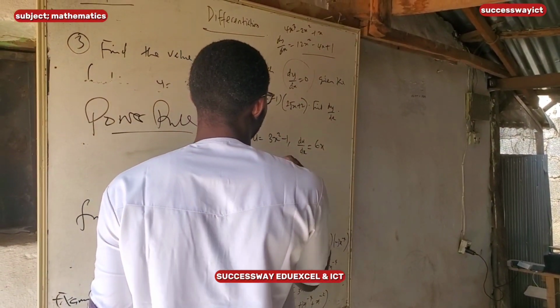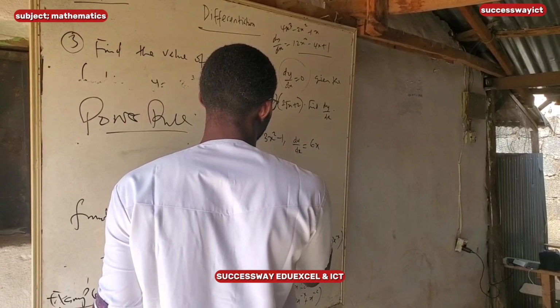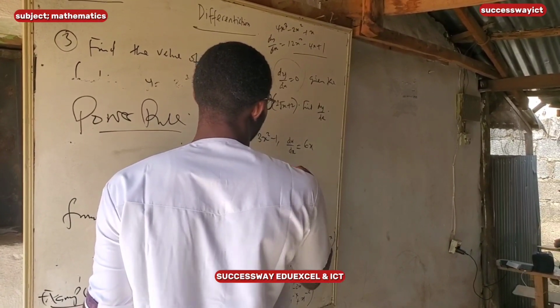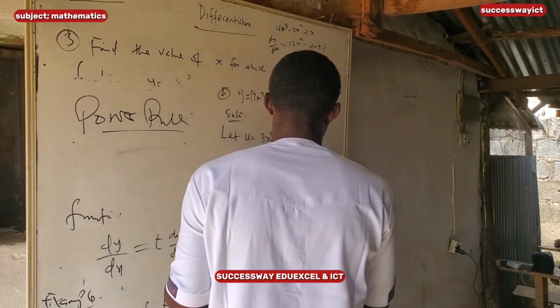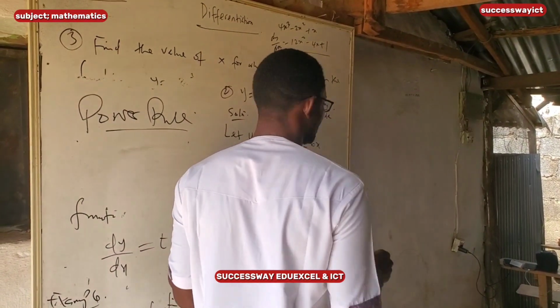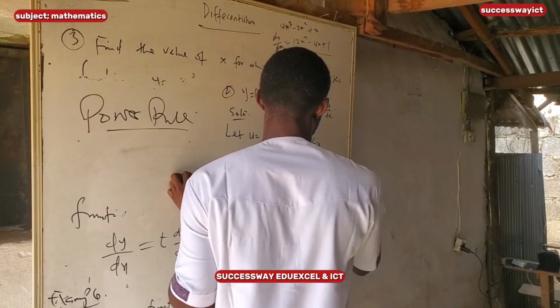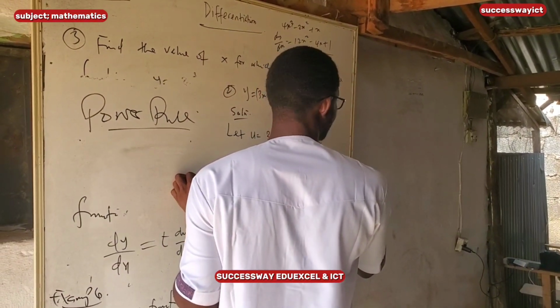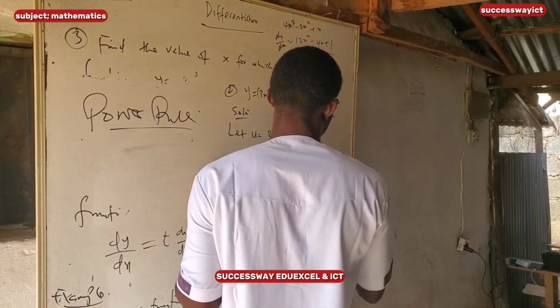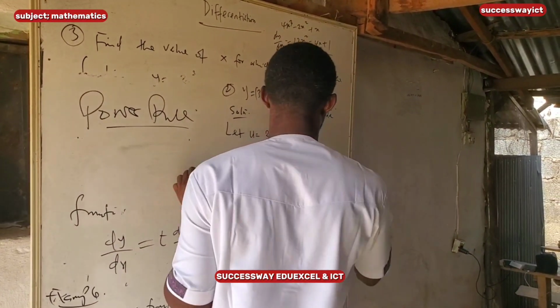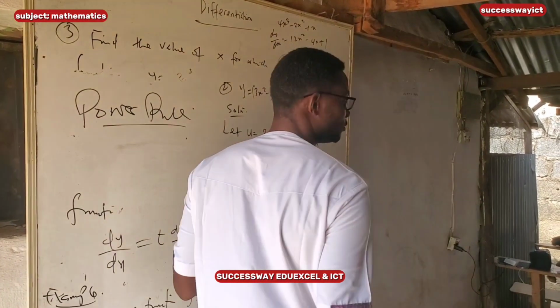Then your v is equal to 2 root x plus 2, which is the same thing as 2 x raised to the power 1 over 2 plus 2.